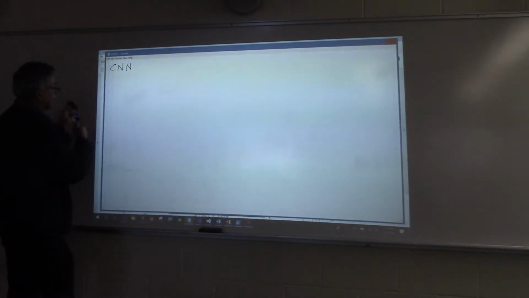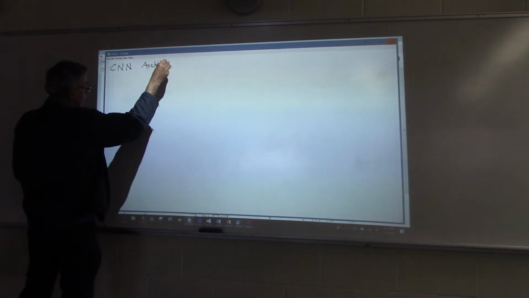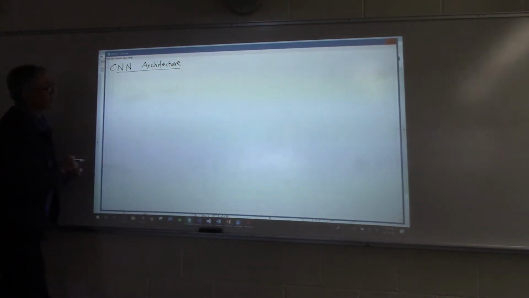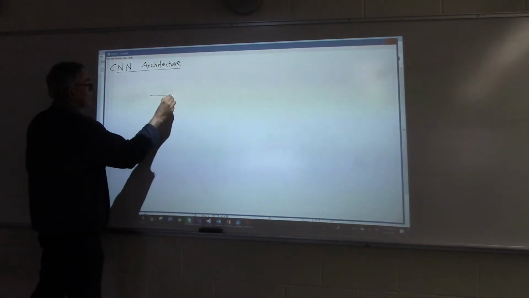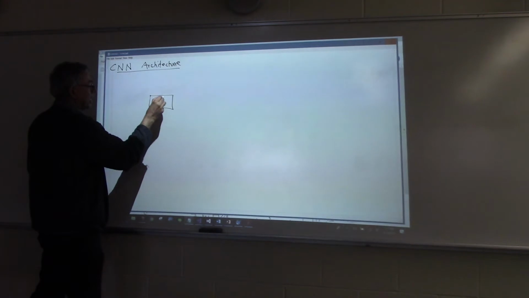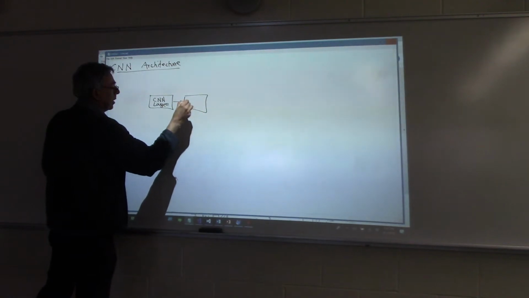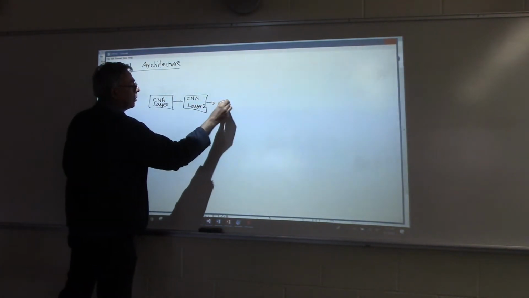Okay, so we're taking a look at the whole idea of convolutional neural networks, right? We basically discussed that we have many layers. So let's say we have CNN layer 1, then CNN layer 2 as an example, right? And so on.